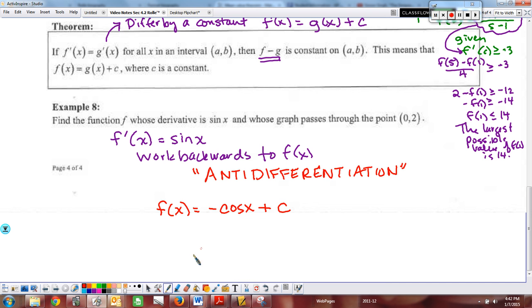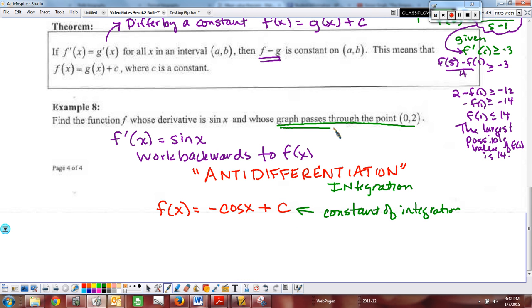This anti-differentiation, also called integration, is going to have what's called the constant of integration. Now, the only way to know what that value is, is to have information about the original function. This original function passes through the point (0, 2).